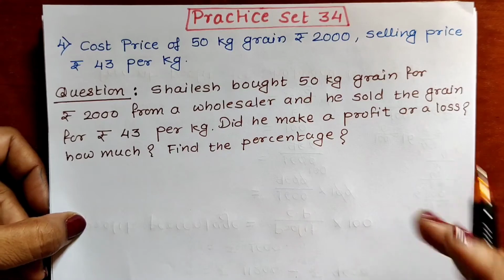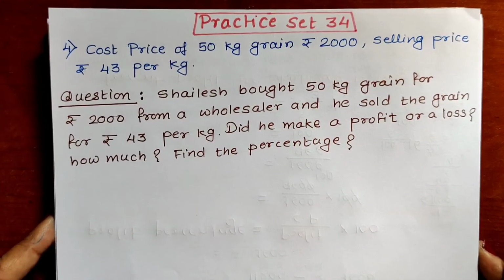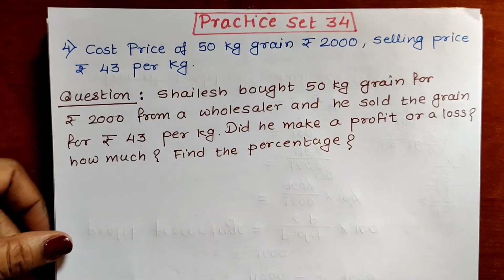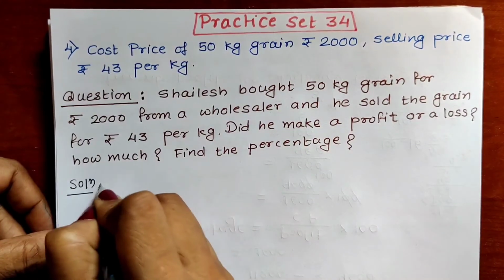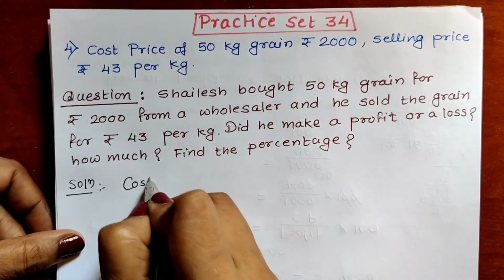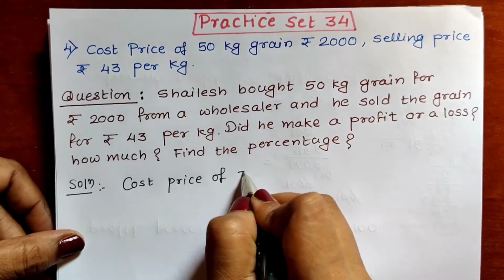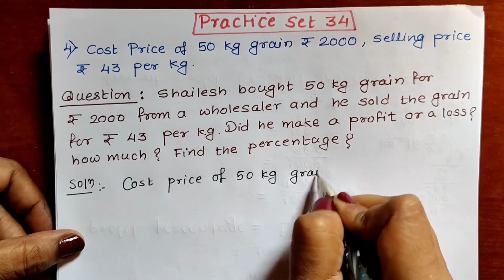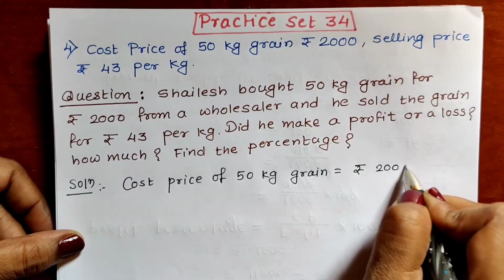So I have made the question like this. You can frame your question in a different way, but you have to see that it should be written properly. Now let us see how to solve it. Solution. Cost price of 50 kg grain is equal to rupees 2000.